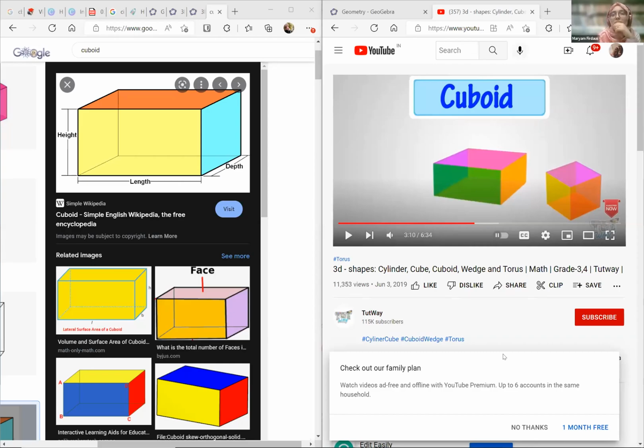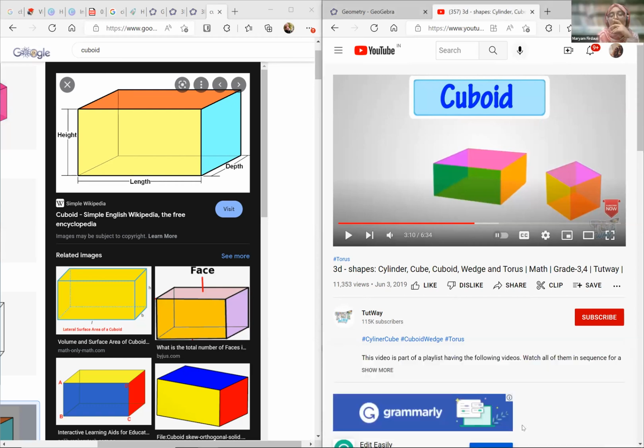Now tell me if you're able to see it. What about now? Can you see it now? It's still loading. I don't know what I can do. Let me try sharing my whiteboard itself.